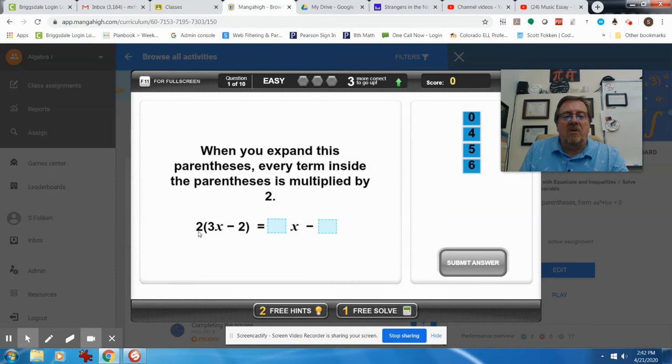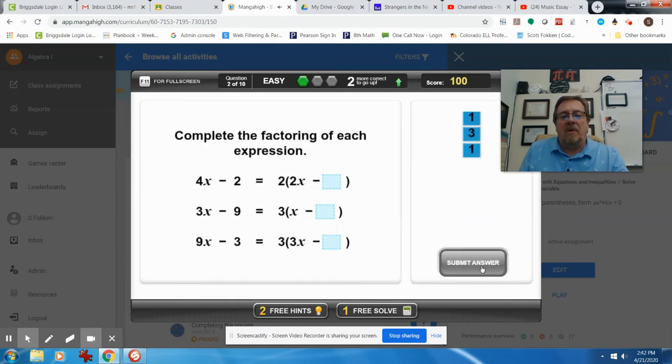So they'll do 2 times 3x, and then they'll do 2 times negative 2. So 2 times 3x is 6x, and 2 times negative 2 is negative 4. Boom. Complete the factoring of each expression.